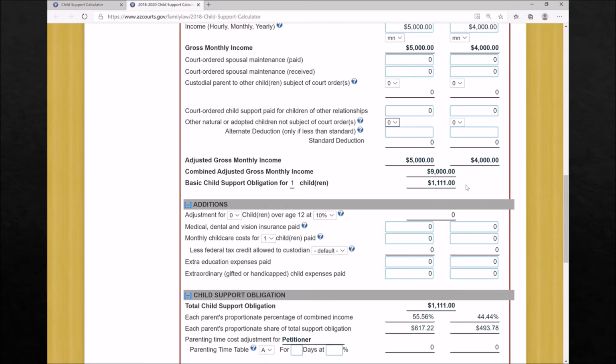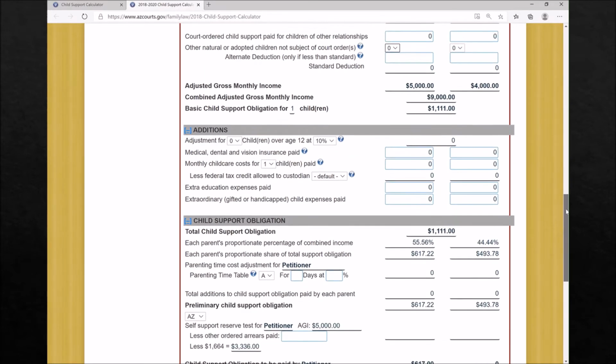So to raise this child for just the basic things like food, shelter, basic education, toys, clothing, some birthday parties, and a vacation once in a while, for parents who earn a total of $9,000 a month gross income, the basic expectation is $1,111 to be spent on a child who is a minor, under 12 years of age.